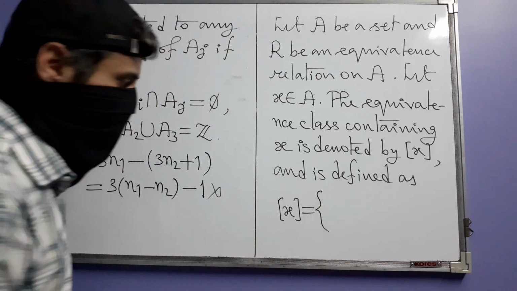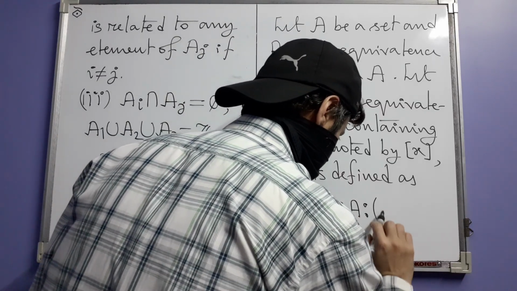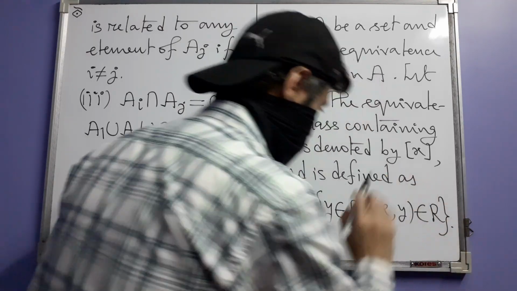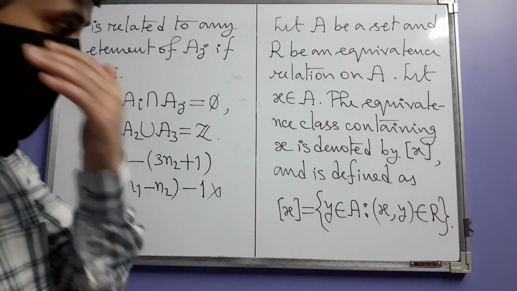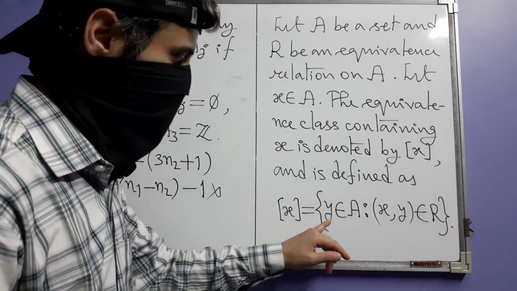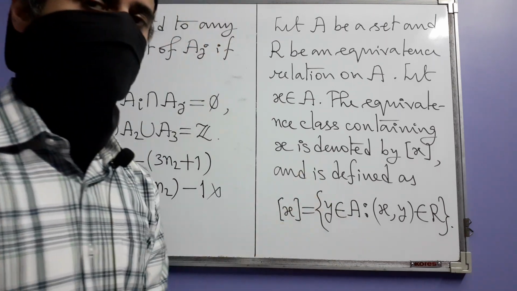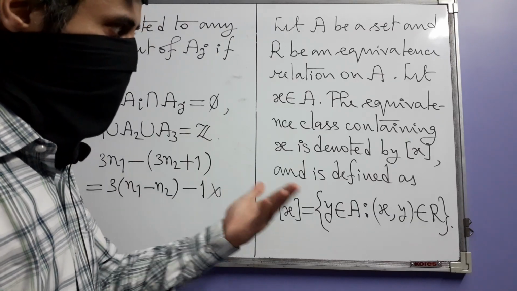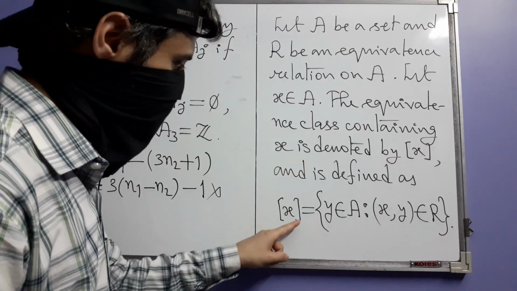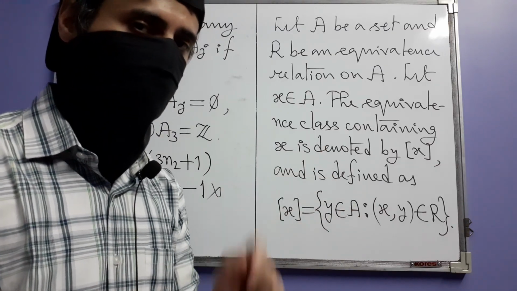It is the set of those elements y in A such that (x, y) belongs to R. In other words, the equivalence class of X is the set of those elements of the set A which are related to X. So if we think of the relationship as a kind of friendship, then the equivalence class of X is the set of all friends of X.